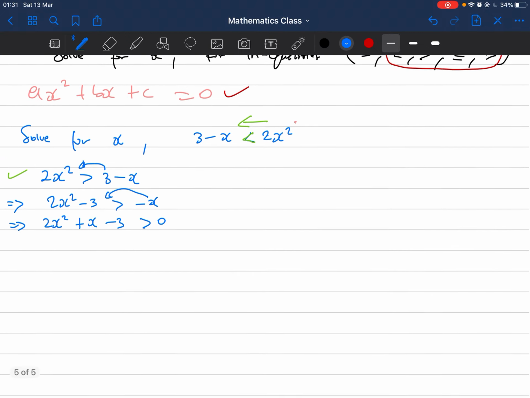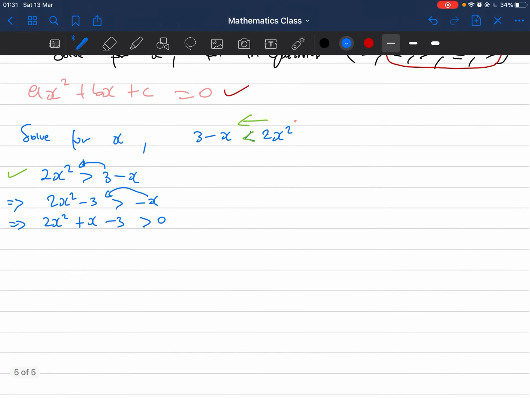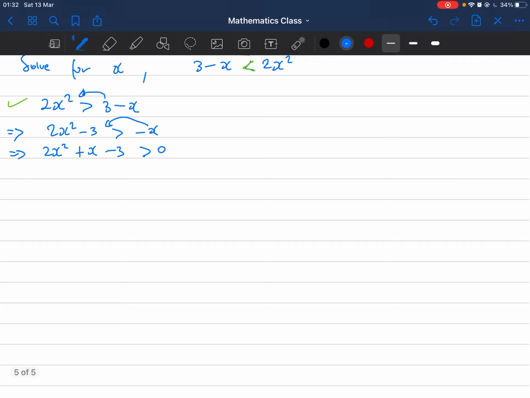Okay, from here we can solve this with different methods, but for this video we're going to use the quadratic formula. If you check my previous videos, I have a 3-part series showing how to solve an equation like this with different methods, but here we'll use the quadratic formula because it's easy and anyone can use it. It's not that complicated.